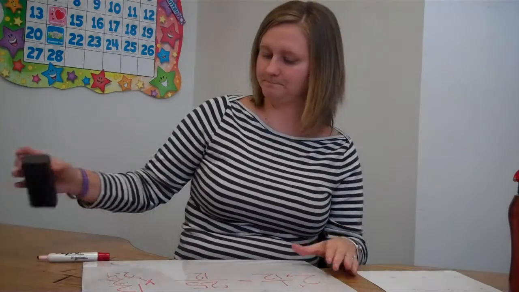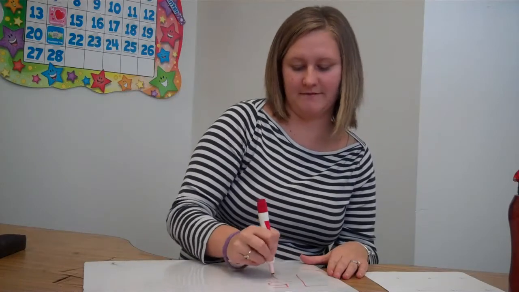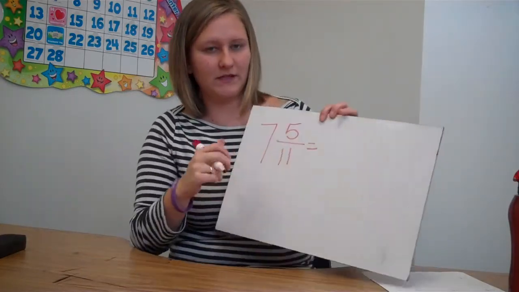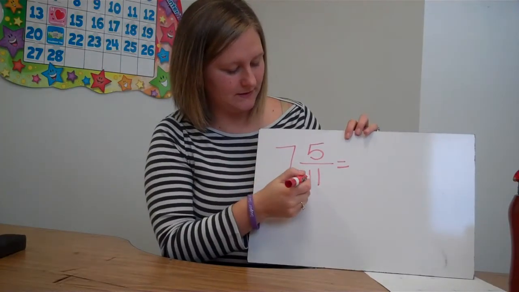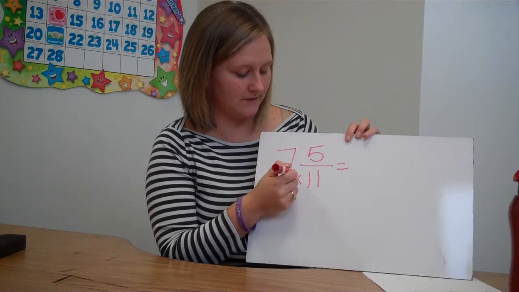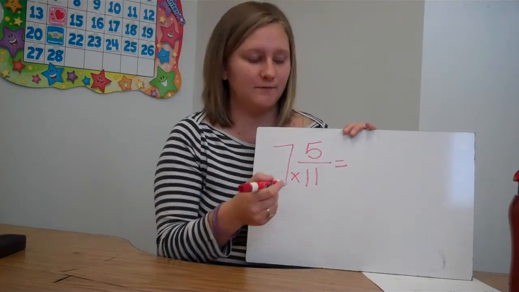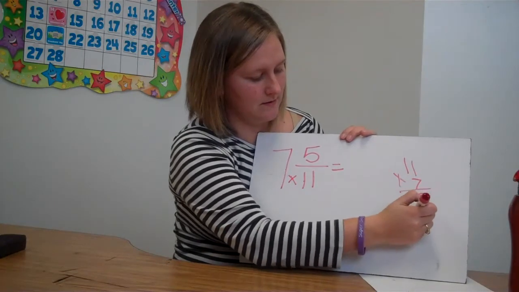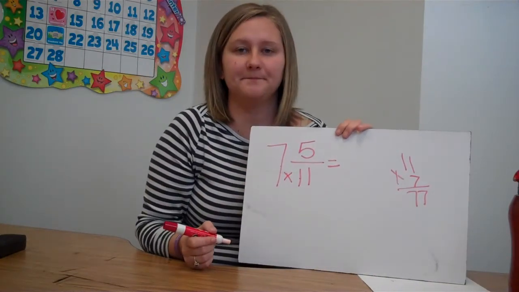The next one, 7 and 5/11. The very first thing that I'm going to do is 7, my whole number, times my denominator, so 7 times 11. If you don't know it, off to the side, that should give me 77.